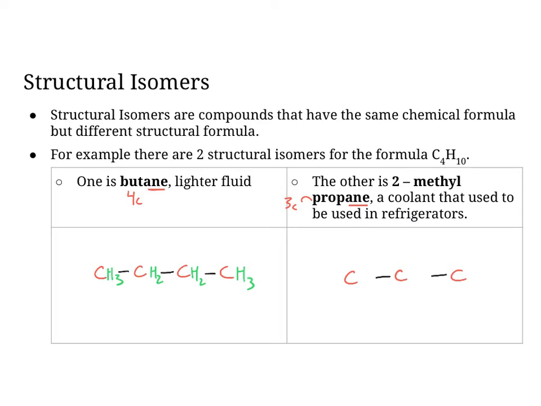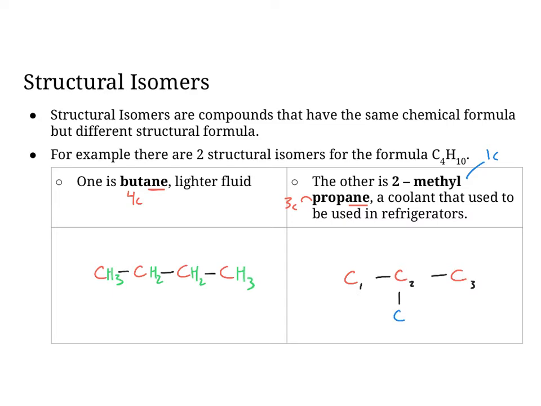And then it says 2-methyl, so I'm going to add a methyl group on the second carbon. So when I count this chain out, it's 1, 2, 3. So on the second carbon, it's going to have a branch that comes off, and I'm going to add a methyl branch, which is a 1 carbon long branch, and it happens to be on the second carbon.